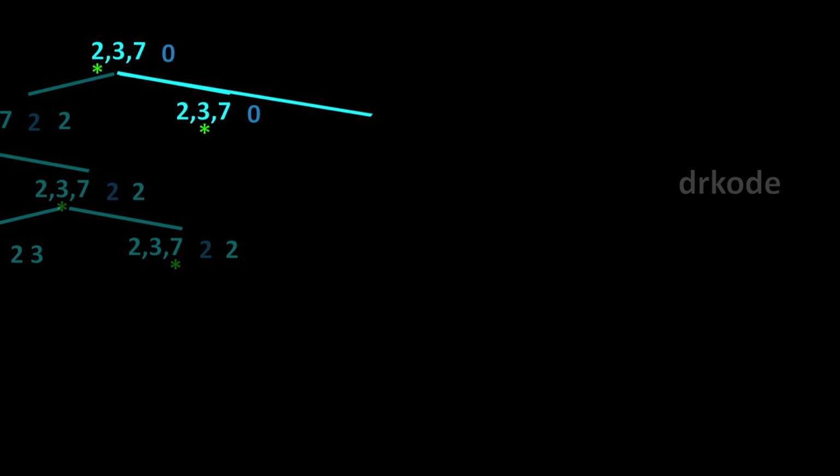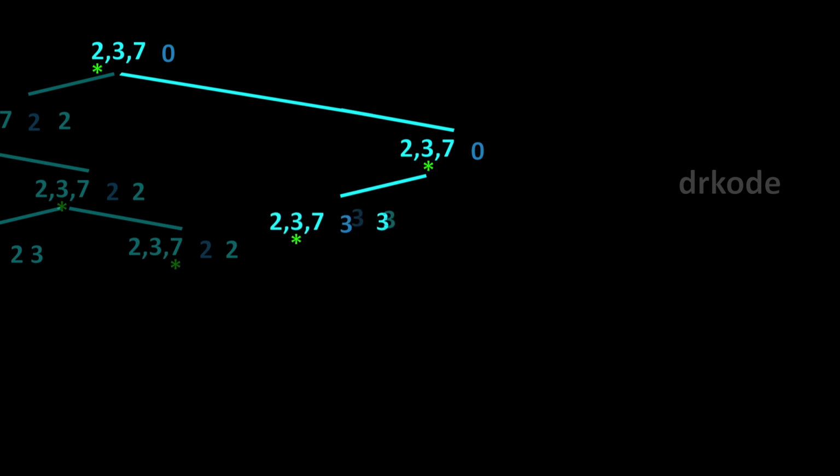Increase the branch a little further because of the space issue. 3 plus 0, we got 3, add it to the end, and it goes to the left. Again adding 3 plus 3, we got 6, and add the 3 to the end. It goes to the left. Again we are adding 3 plus 6, we got 9.